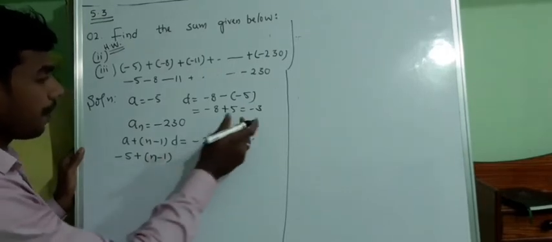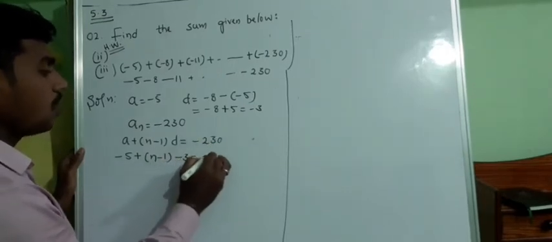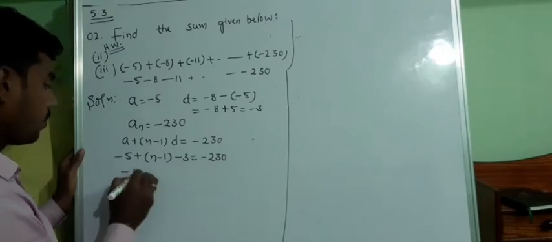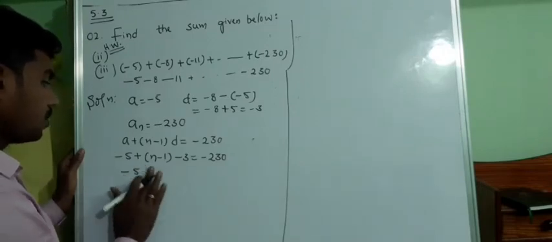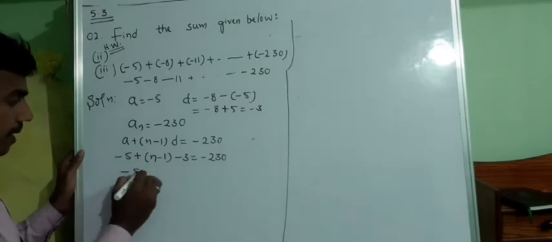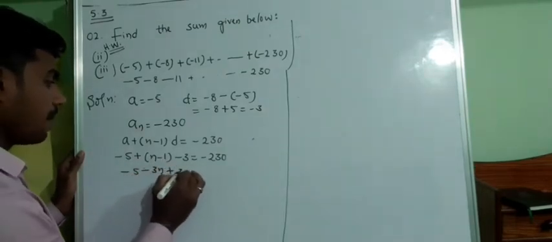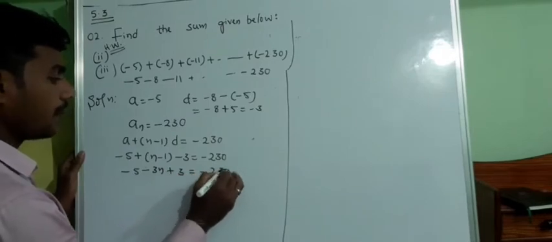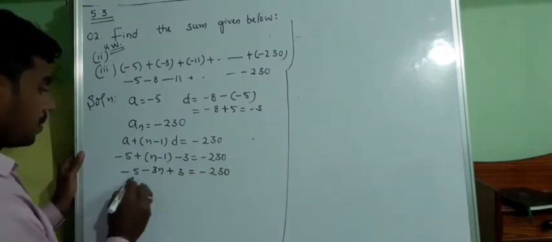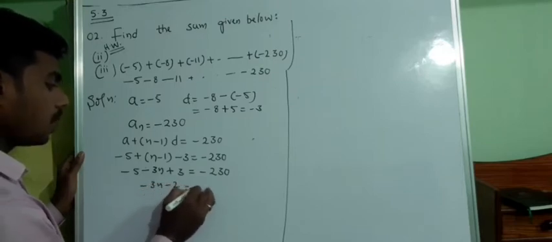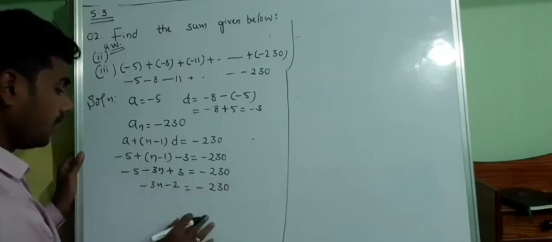What is d here? Minus 3, is equal to minus 230. Now minus 5 plus, minus into plus is minus 3n, minus into minus is plus 3, equal to minus 230. So minus 5 plus 3 is minus 2, so minus 3n minus 2 is equal to minus 230.